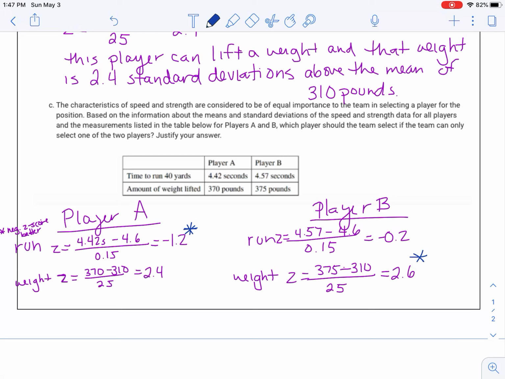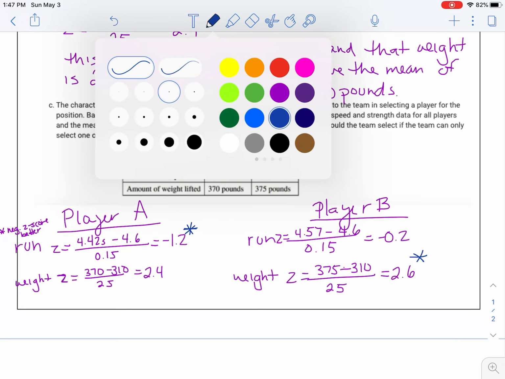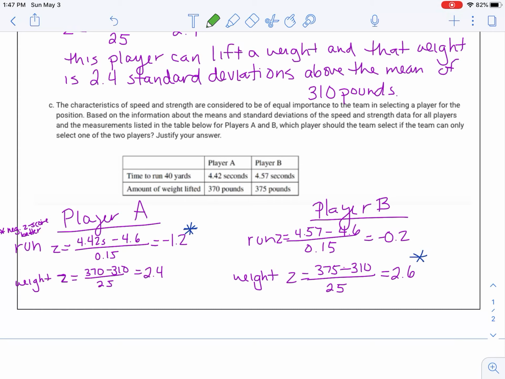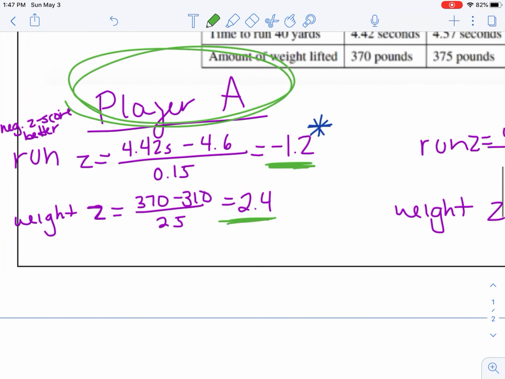So I guess it comes down to you explaining that player A is a significantly better runner and only a slightly worse weightlifter. So I think I would have to go with A, and I would have to explain that.